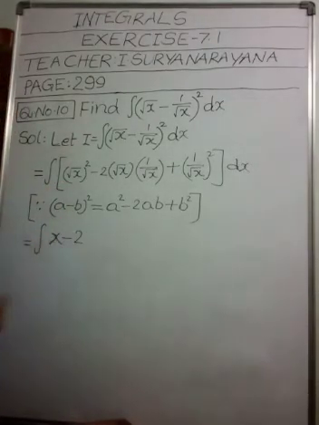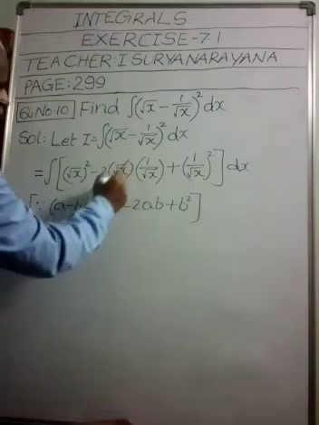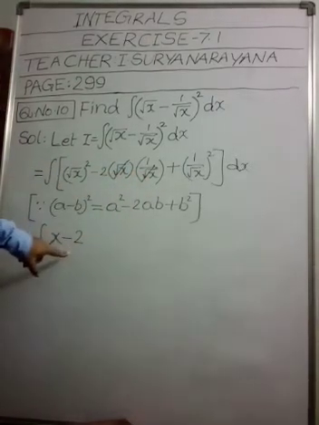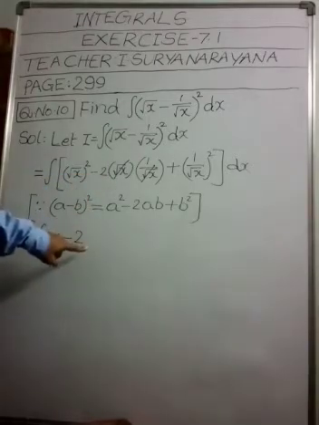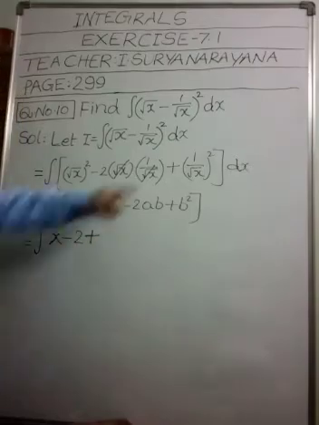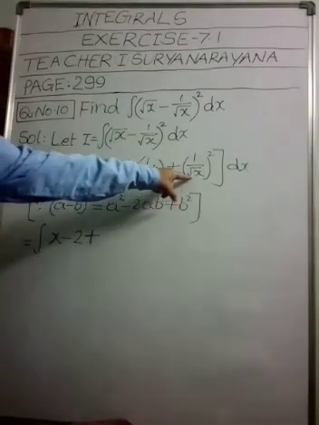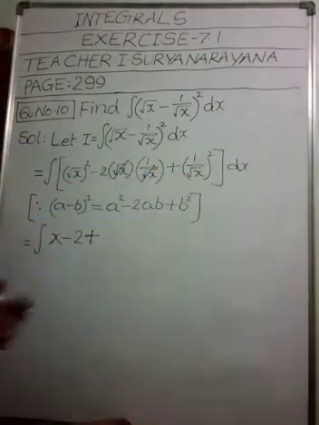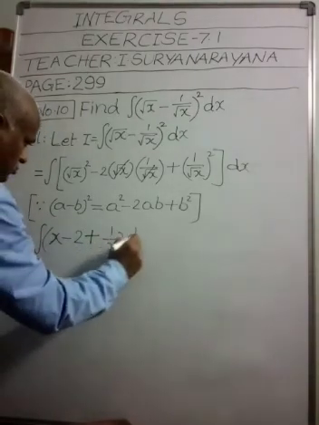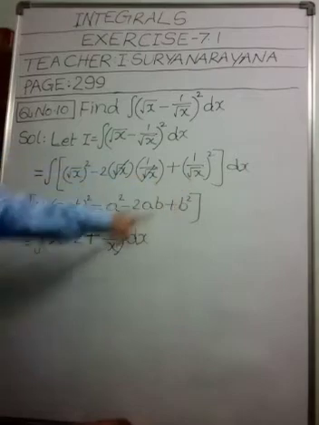Minus 2 into, here root x gets cancelled. We get 2 only, minus 2 only. Understood this second term, my children? Right. Plus 1 by root x whole square. What will you get? 1 by x. Understood this last term, my children?